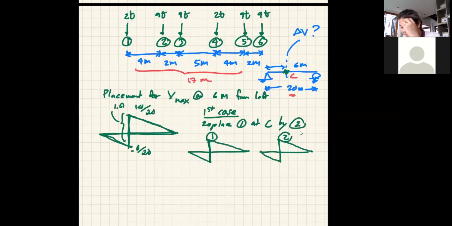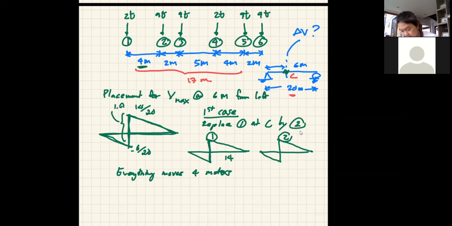So now load number 2 is 4 meters away from load number 1. So that means everything moves 4 meters, right? Okay, and when load number 1 is at this location, I think that is 14 meters.